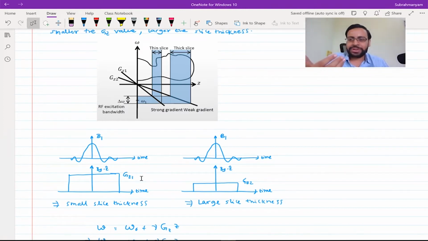It will take more time for your acquisition, because once you acquire one slice, you go to the next place and acquire again, moving in baby steps. With small slice thickness you get high resolution. This is a very important question that you asked, and this has to be very clear.